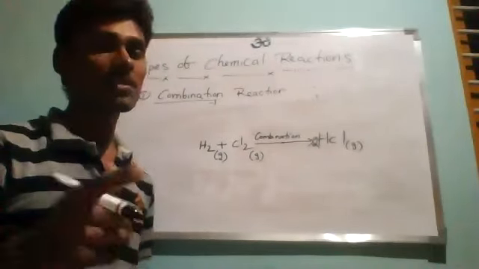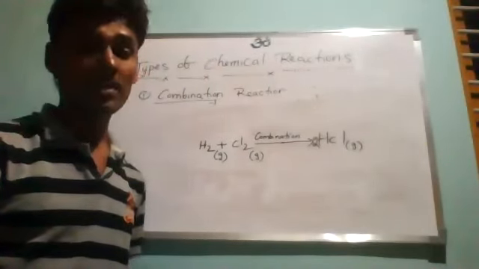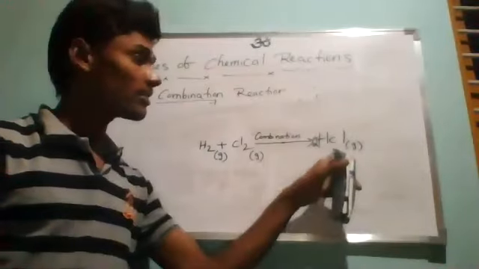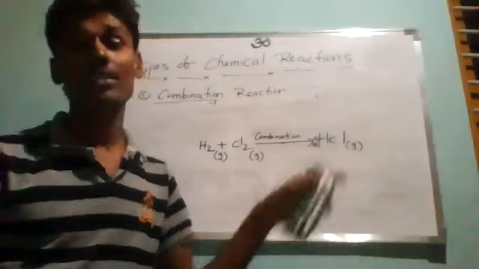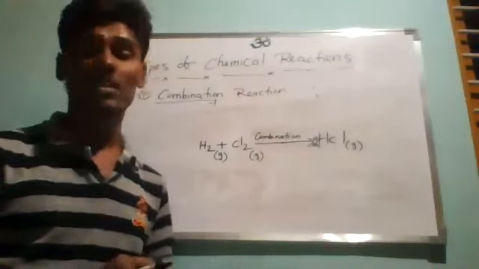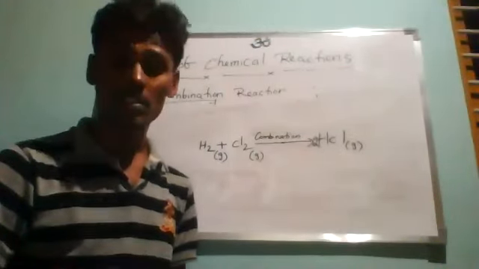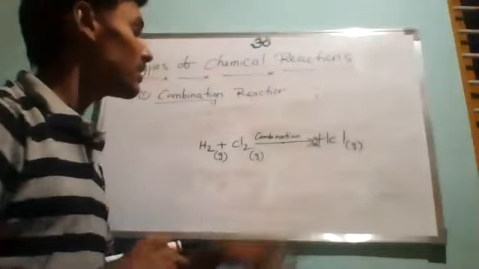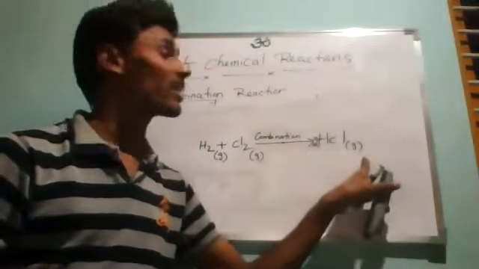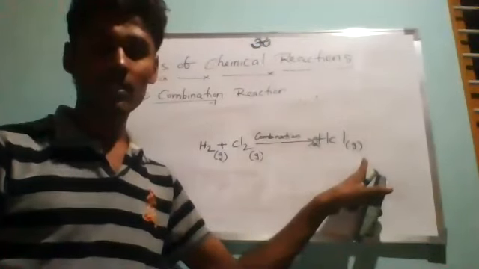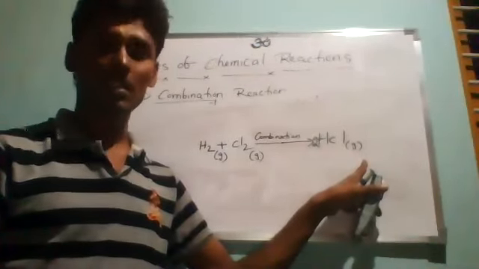Understood? I think by this time one question is rising in your mind: sir, hydrochloric acid will definitely be in the liquid state, but in this reaction it is forming what? Gaseous. Then why does it exist in liquid state in the laboratory? Because the product coming in this reaction is in gaseous state, but we cannot use gas in chemical reactions.